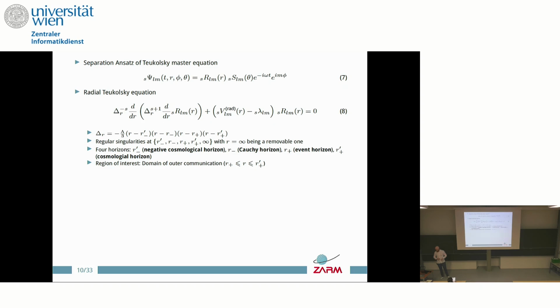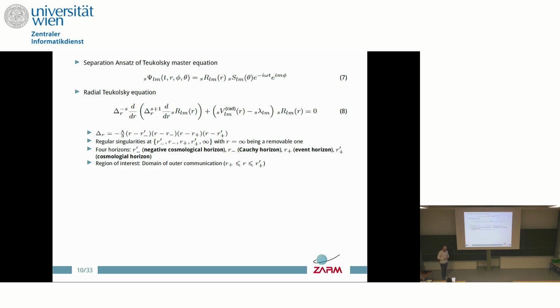And the radial Teukolsky equation is now an ordinary differential equation of second order for this unknown function R, and it is characterized, mostly in a mathematical sense, by the delta r polynomial from the spacetime. And we can see that this polynomial is decomposed in its 4 horizon locations, but these are regular singularities of this differential equation.